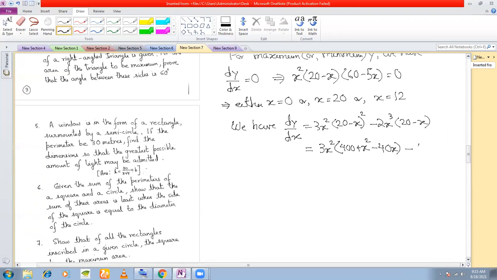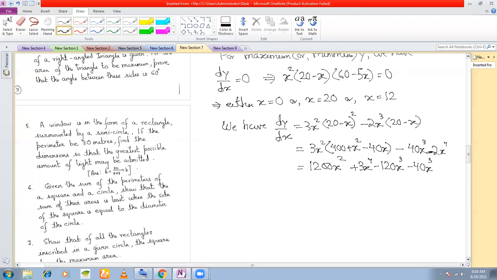And if you multiply all this, you'll get 1200x square plus 3x to the power of 4 minus 120x cube, minus 40x cube, this should be plus, I think.